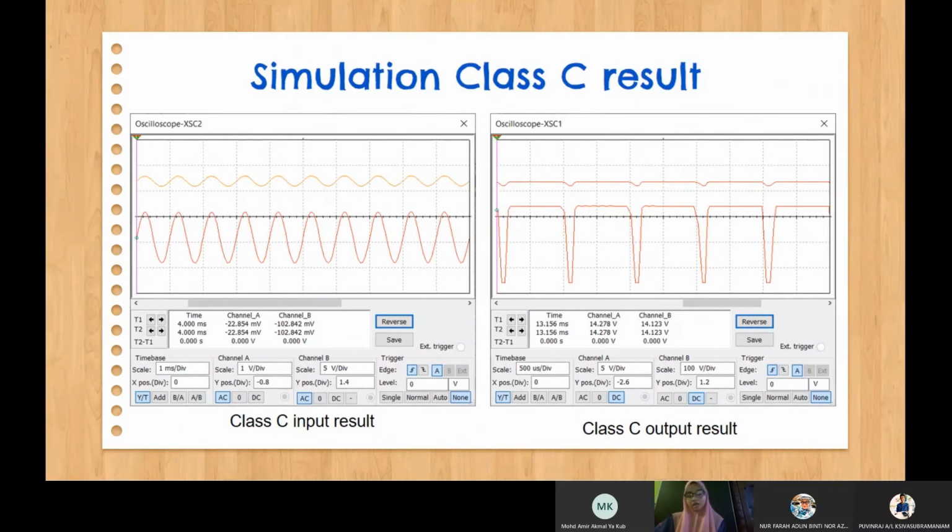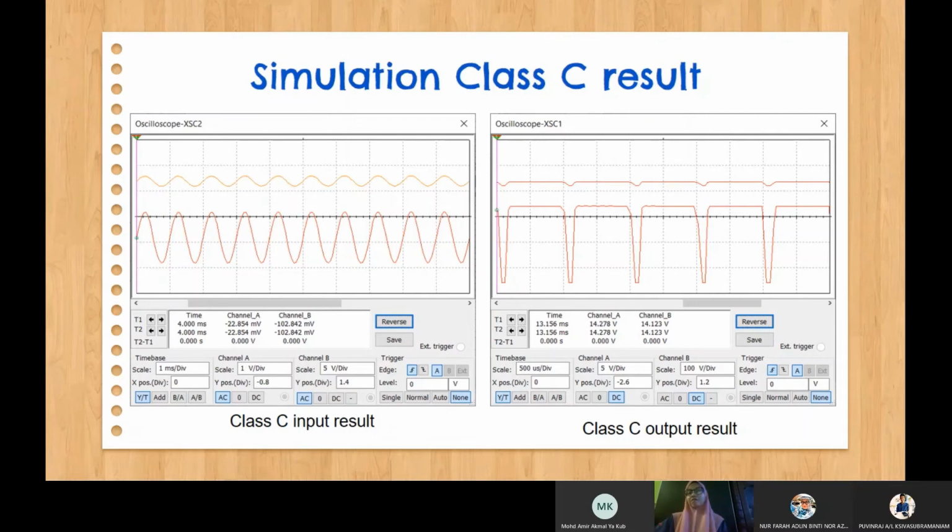You can see from the left is the Class C input result, and from the right is the Class C output result. We can see there's a very high distortion on the output result. Is it because in a Class C amplifier, VB is set to a point where the transistor will be below cutoff mode, and the DC operating point is below the cutoff point?